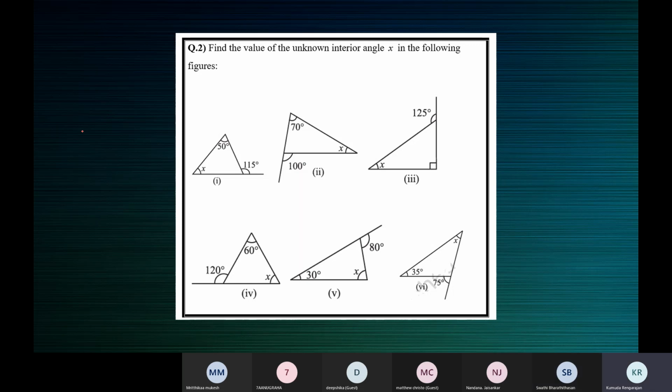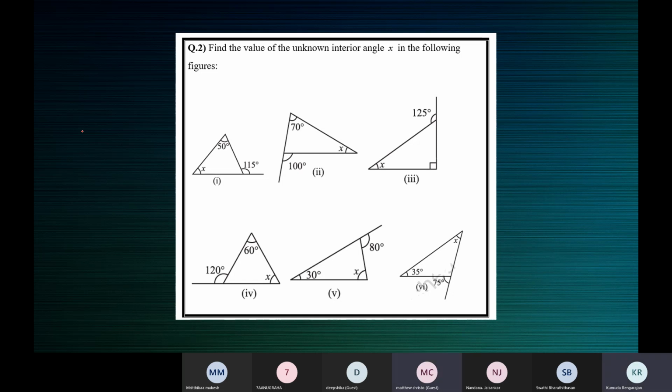Swati and Nandana, just a minute. Yes, Deepshika. Anugraha, what happened today? Ma'am, I can't understand this one. That's why I want you to try, Matthew. Tell me what you have understood. Only then I can correct you.